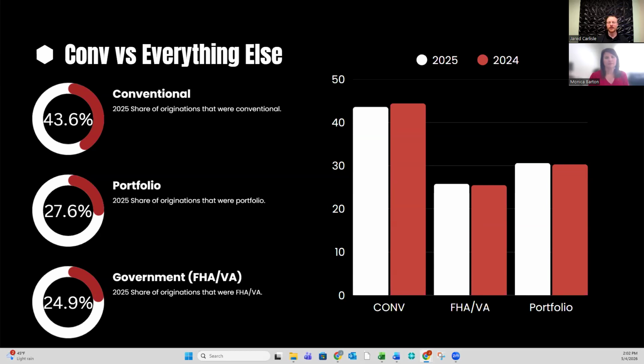What you will find out there, if you were to go to Google or use AI or whatever, generally their responses are going to be showing conventional at a higher percentage, usually high 60s, low 70s, because they lump conventional as anything non-government, really. And so they would put these portfolio loans inside of that conventional bucket as well. Usually the statistics will. But I wanted to have it separated out because that's the data that I found.